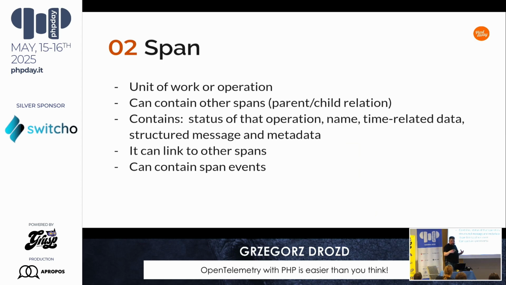One span is one unit of work, but it doesn't have to be one-to-one matching to a database call or file opening. It can be around your whole method. So one thing happening. It can contain status of the operation, real-time data, metadata, link to other spans, and can contain events, like, for example, logs.